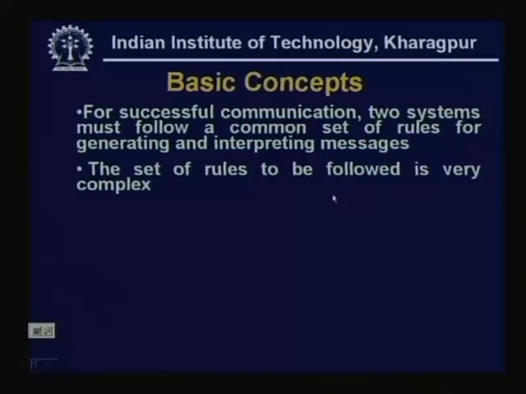And unfortunately, it has been found that the set of rules to be followed is very complex. It is so complex that it cannot be considered as a single entity. It is not possible to implement as a single entity in a monolithic form.